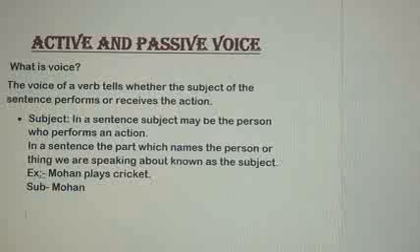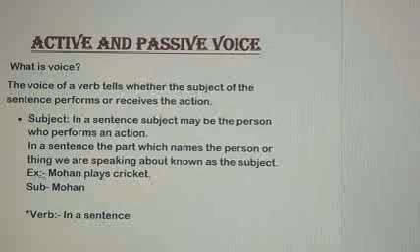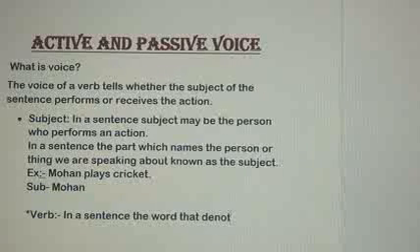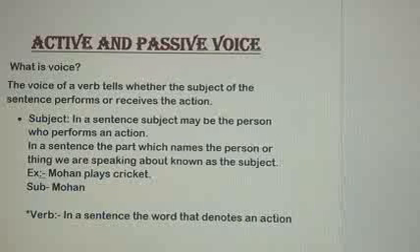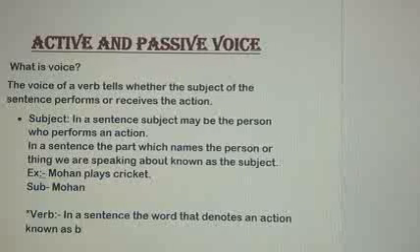Now, let's see the other point, that is verb. What do you mean by verb? So, my dear children, in a sentence, the word that denotes an action is known as verb.